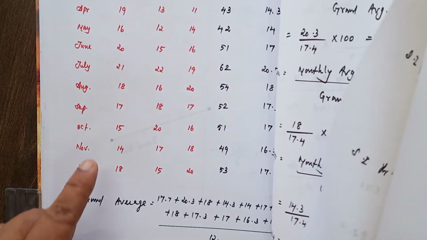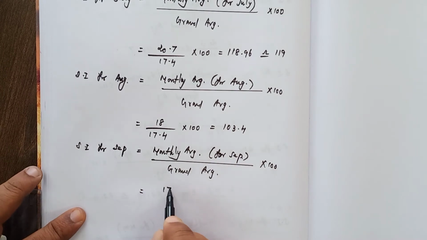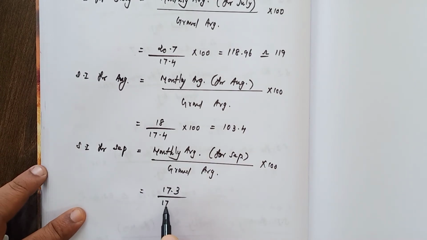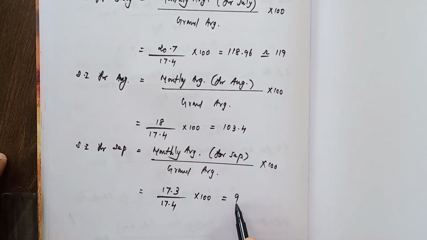For September the average is 17.3 divided by grand average 17.4 into 100, which is equal to 99.42. You write 99.4 approximately.